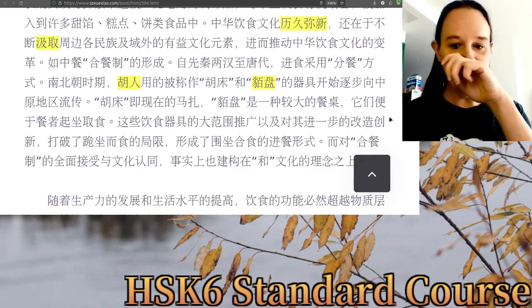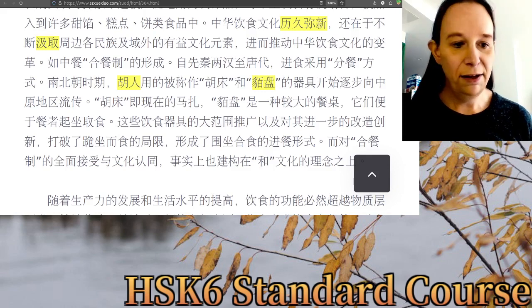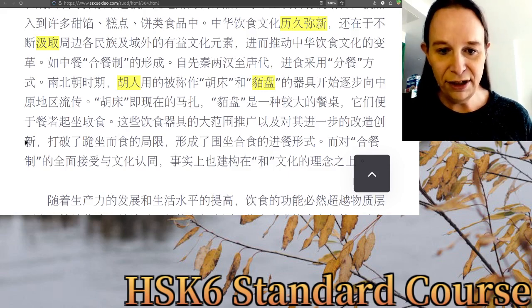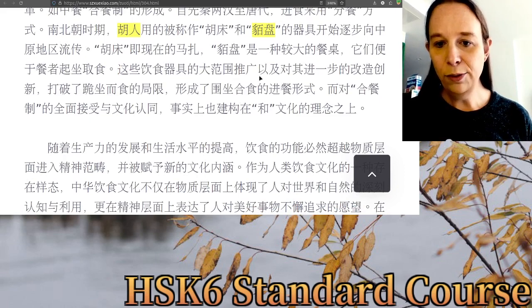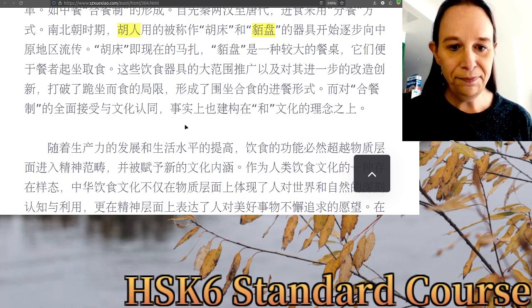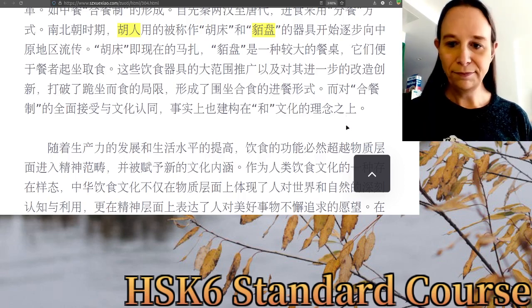Okay, 磨盘是一种较大的餐桌。Okay, it's a table. 它们便于餐桌起坐取食。这些饮食器具的大范围推广以及对其进一步的改造创新，打破了跪坐而食的局限，形成了围坐和食的进餐形式。All right, so it's changed.